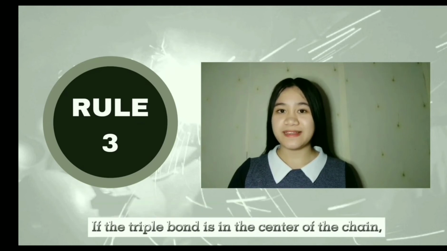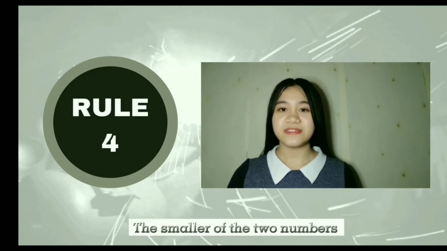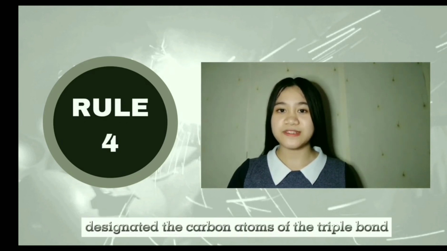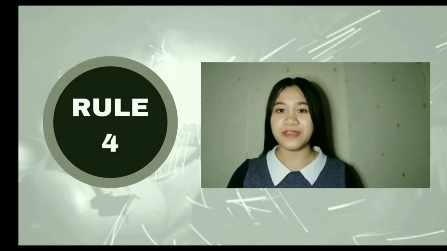If the triple bond is in the center of the chain, the nearest substituent is used to determine the end where numbering starts. Rule number 4: the smaller of the two numbers designating the carbon atoms of the triple bond is used as the locator for the triple bond.